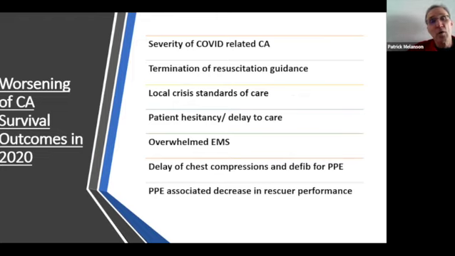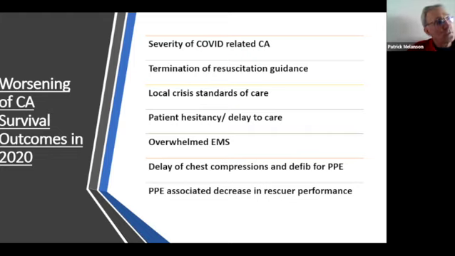One is COVID-related cardiac arrests are obviously much more severe, and you're much less likely to survive than other causes of cardiac arrest. There is a lot more emphasis on termination of resuscitation guidance. There's a lot of places that had local crisis standards of care where they were not as aggressive or didn't resuscitate for as long.